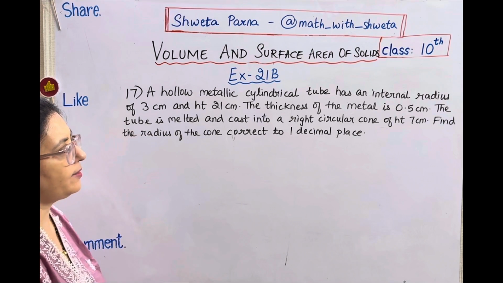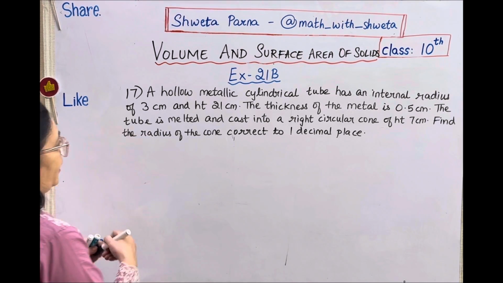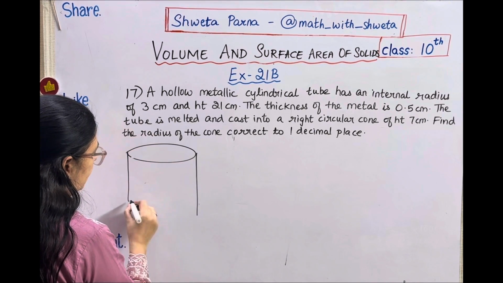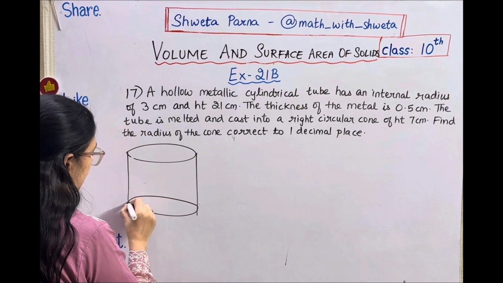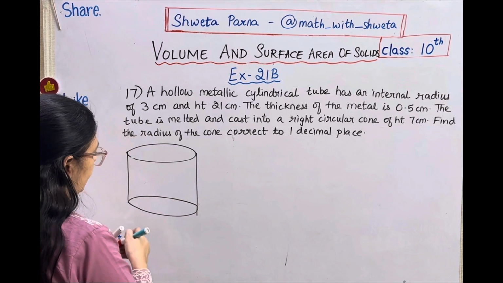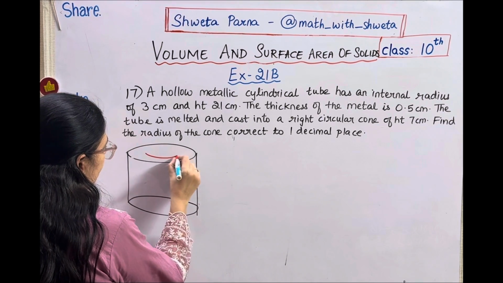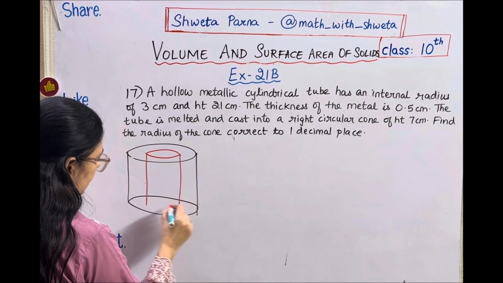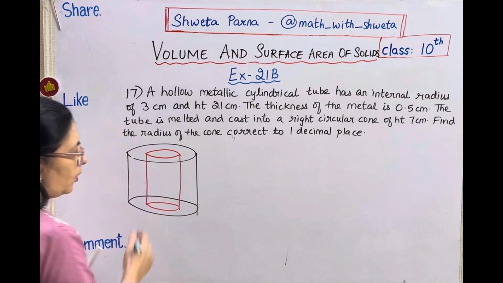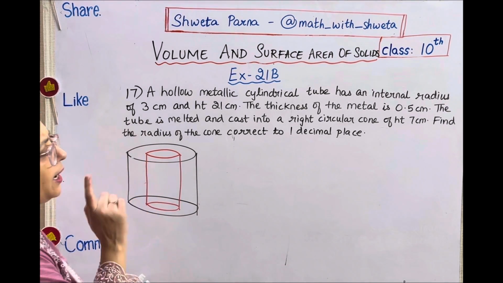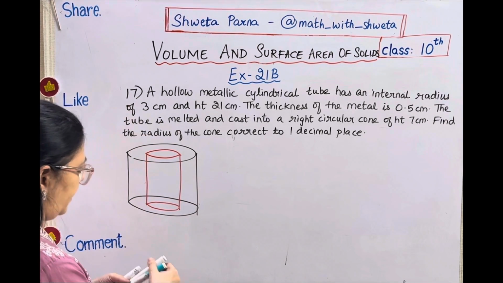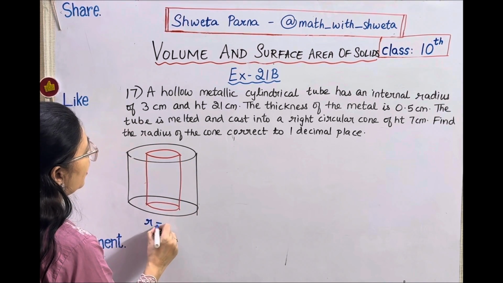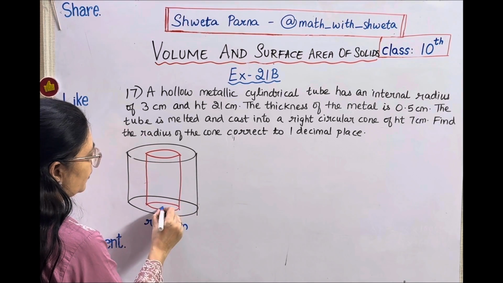A hollow metallic cylindrical tube. Let's draw a hollow metallic cylindrical tube. A hollow metallic cylindrical tube has an internal radius of 3 centimeter. So internal radius means this small r. So small r is 3 centimeter. This one.